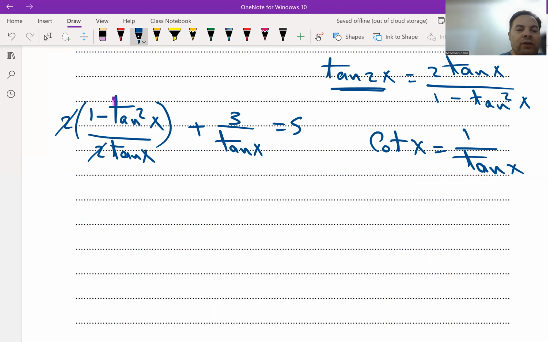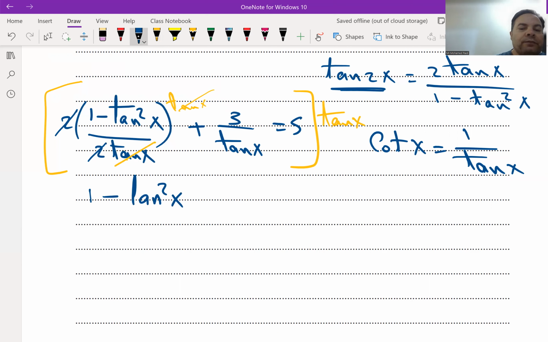Multiply each term by tan x. Multiply the first by tan x, tan x cancels with tan x, so 1 minus tan squared x, plus 3 multiplied by tan x, tan x cancels with tan x, so the answer is 3, is equal to 5 tan x.